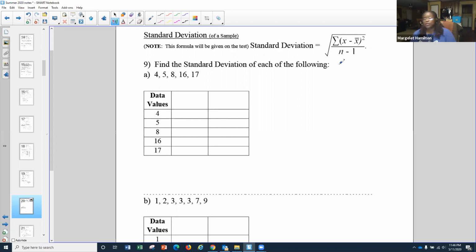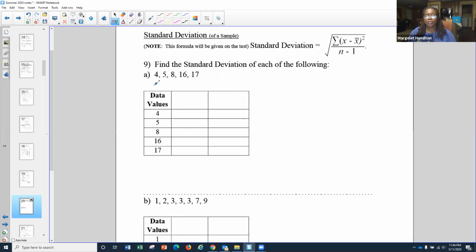So first things first, when you're dealing with a formula, you always want to work from the inside out. All right, so you got to get the pieces to get to the whole. And we talked about that in our sets part. So when they want us to answer a question, you got to get the pieces first so you can answer the big question. So what we are going to do is find all the missing pieces so that we can put them in this formula so we can answer the question.